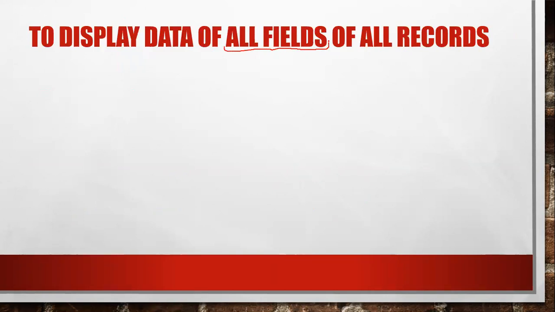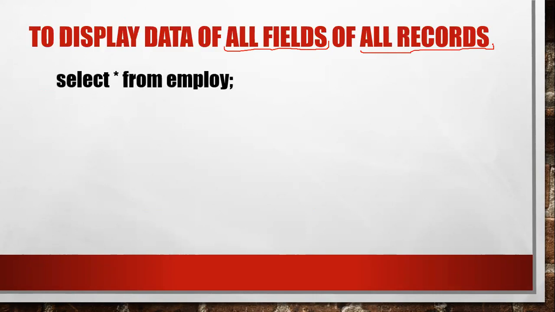So I want to see the data of all these 5 fields and all records. Whatever records are present in the table, I want to view all the records and all the 5 information of each record. So I will write the command select star from employee.